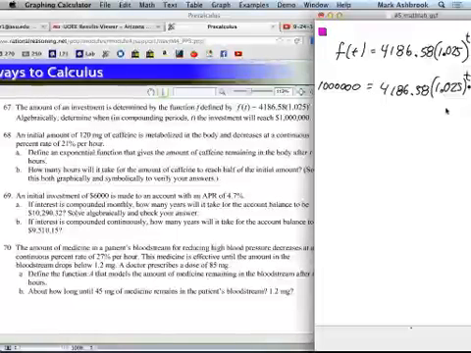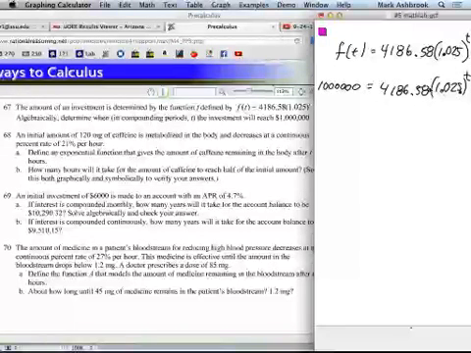So we know we want to solve for an exponent. That means we're going to apply logs. Exponents are logs, right? So are we ready to apply the log? First step is we've got to get that exponential term, this 1.025 to the t, by itself. We've got to isolate that.